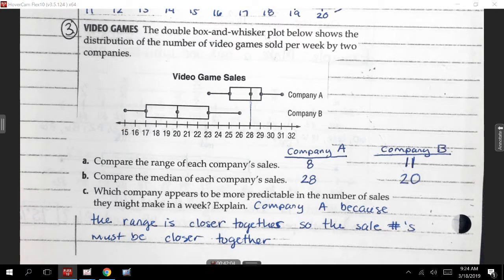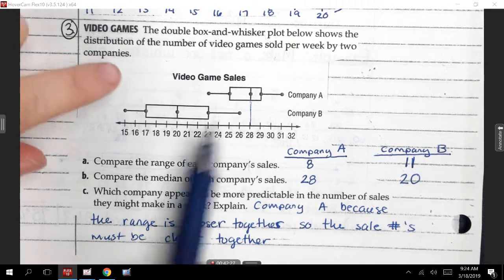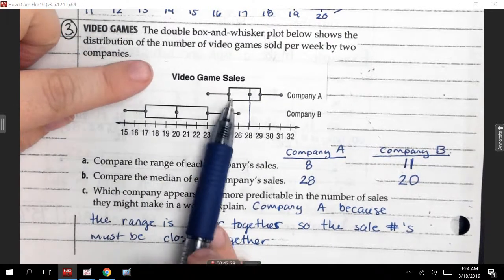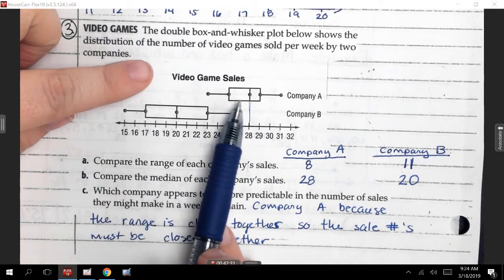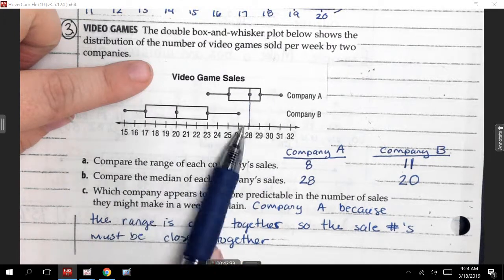All right, what if I did it without looking at the range? What if instead of saying company A because the range is closer together, the sale numbers are closer together, what could I replace the word range with? Dylan? Quartiles. So kind of like what Luke was saying, these quartiles, do you see how these are a little bit closer than company B?